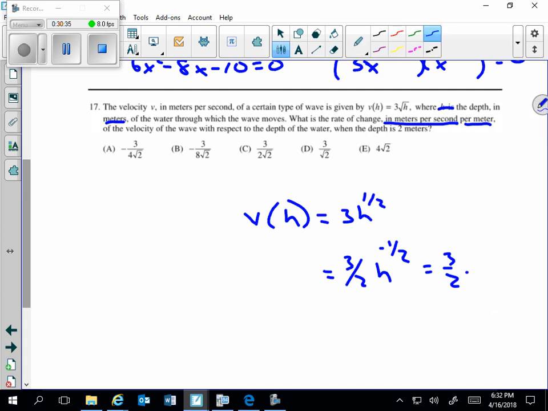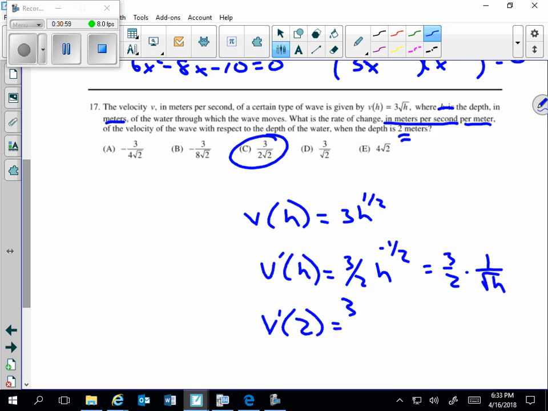Yeah, looks a lot like c. Why? Because we're looking for it at 2. So I plugged in 2 for h. Okay? Showing my work all the way through, not skipping a step. This becomes 1 over square root of h, and so v prime of 2, that was v prime of h, equals 3 over 2 times 1 over the square root of 2, which is c. Okay?